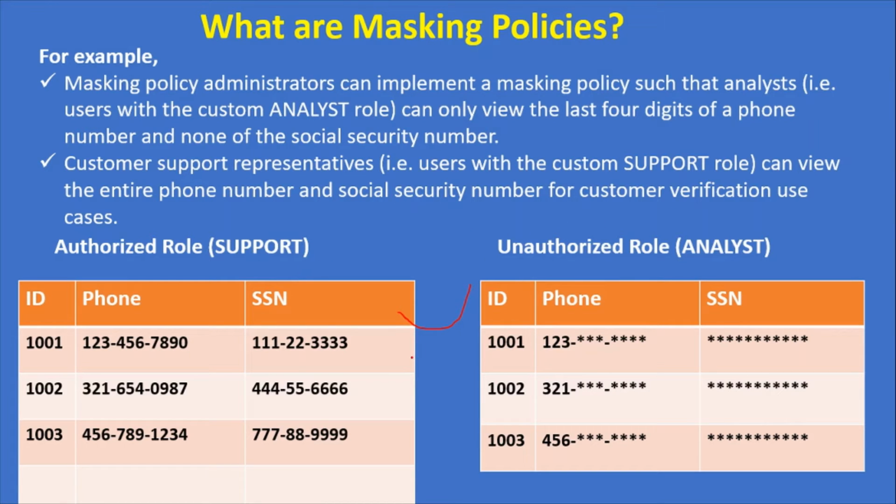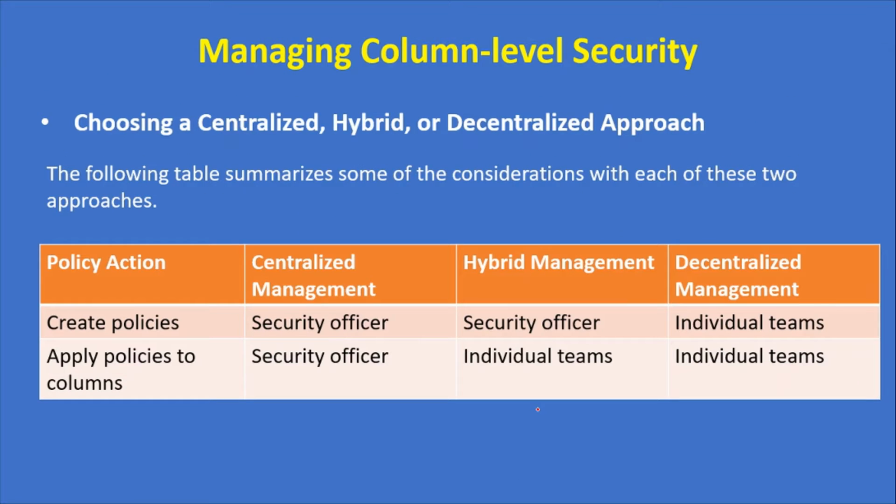Here, if you see, these tables have the same data, with authorized role support and unauthorized role analyst. The user who uses the support role can see all the data. The unauthorized role user who has the analyst role cannot see the SSN completely. Phone number, they can see only the first three digits. That is what I am going to show you as part of the demo.